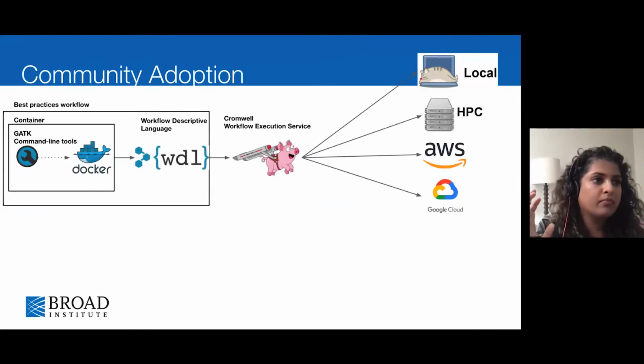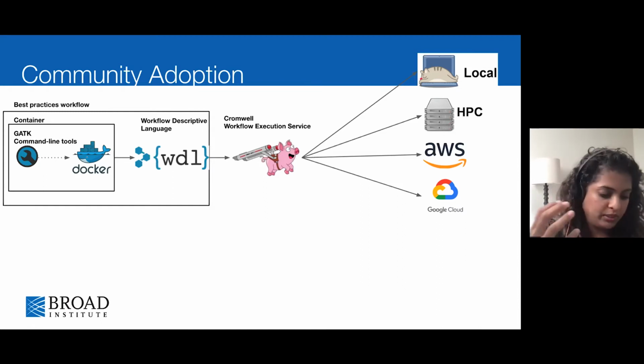I've talked a lot about all the optimizations we've done in GATK to improve its usability in microbial species. But as long as we don't make these tools and software available to the community in such a way as to allow for ease of adoption, it's not going to make the impact that we want to make. We want researchers to be able to share their data analysis and collaborate on a global scale.